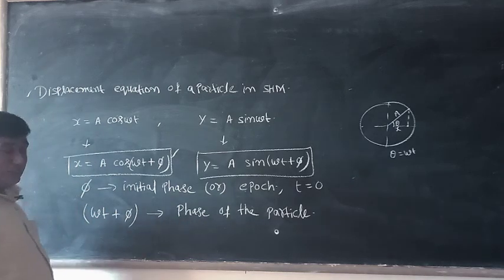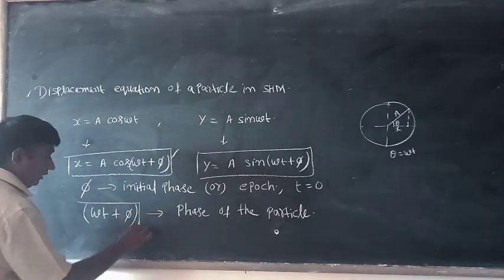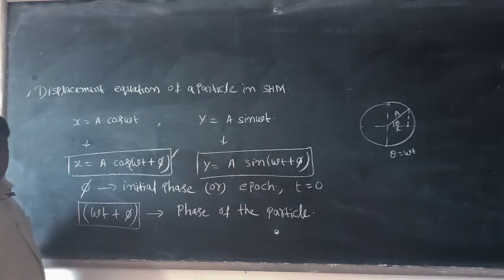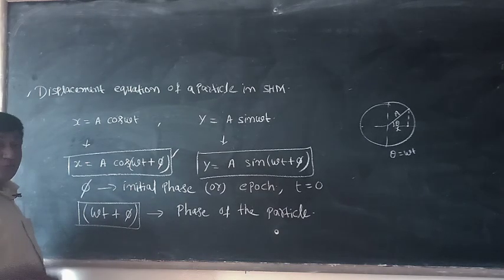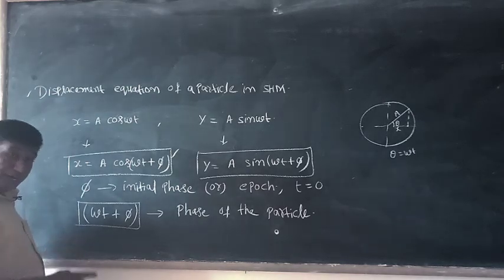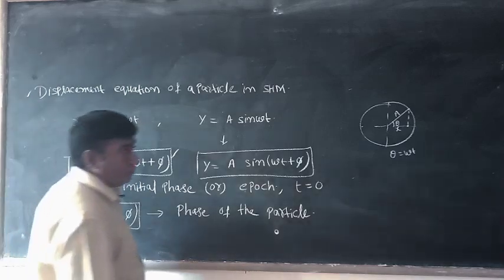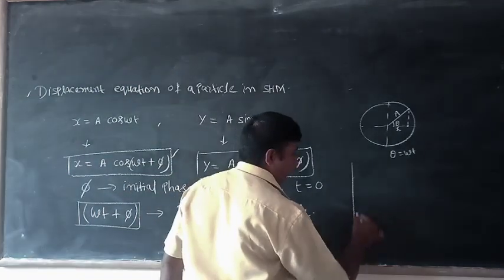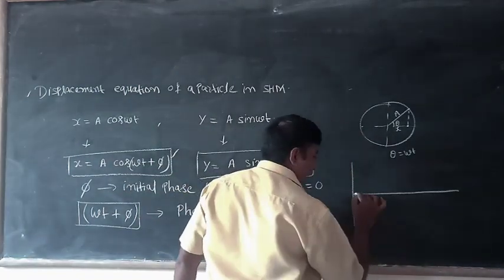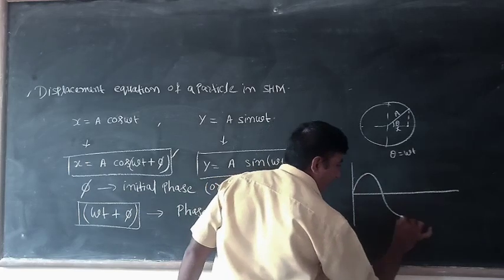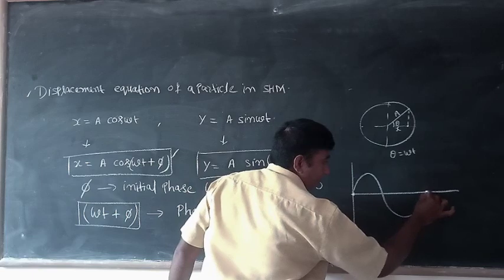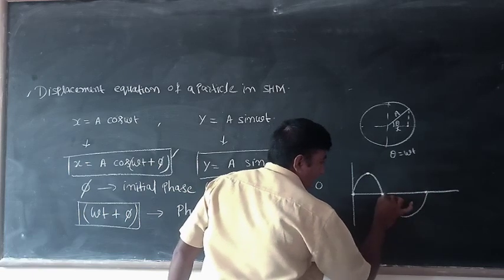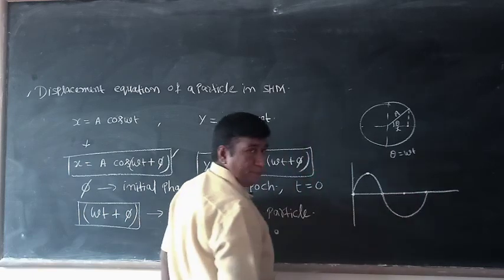Sir, what does omega t plus phi represent? It represents the position and direction of motion of the particle. For example, take a sine wave, which varies with time.